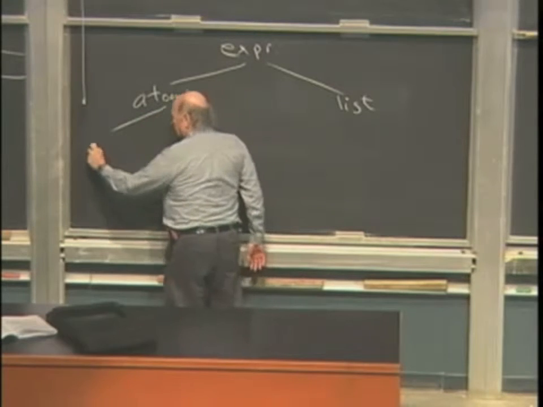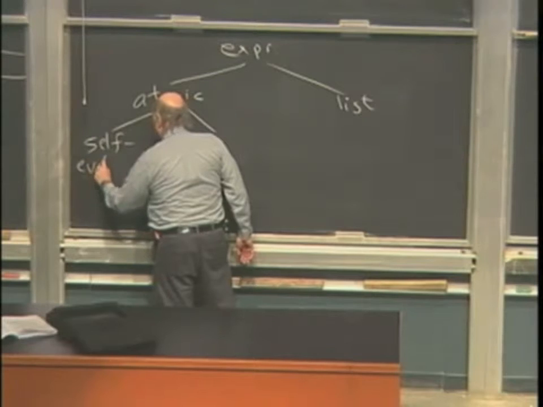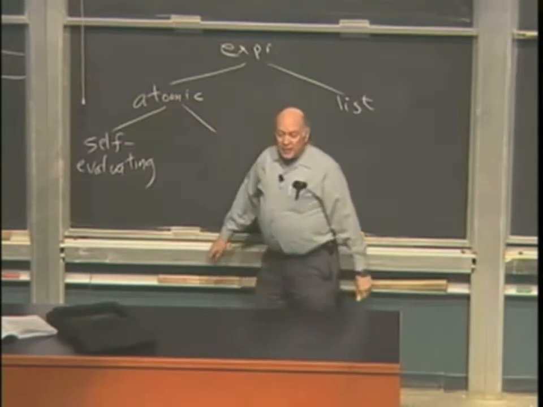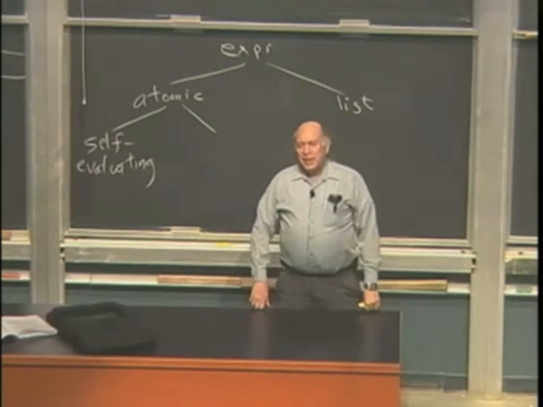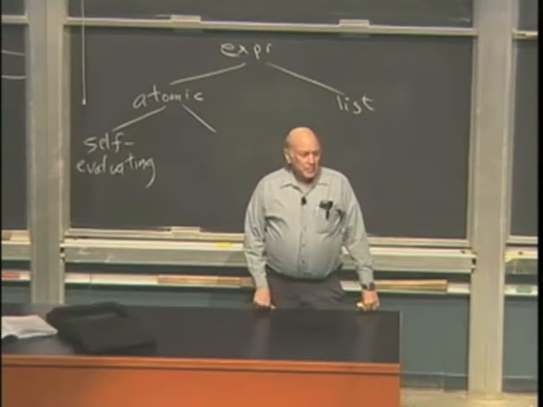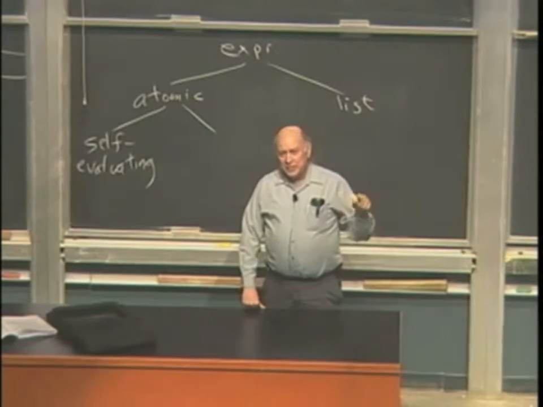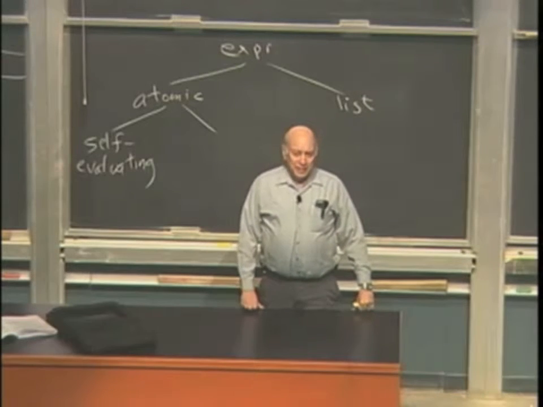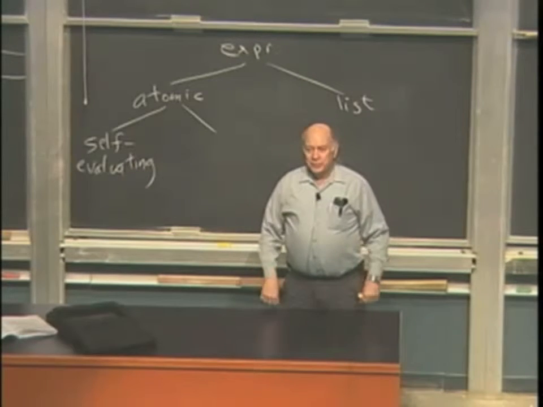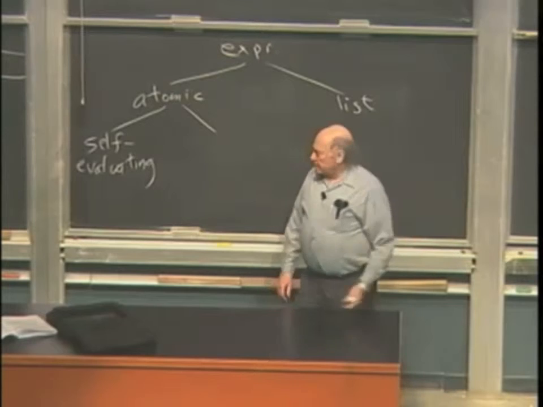The atomic expressions come in self-evaluating. This we saw before in the calculator program, where it was the numbers that were self-evaluating. In Scheme, there are a few other self-evaluating things, like number sign T and number sign F. Strings in double quotation marks are self-evaluating. There are a few other things that we're not really getting into.